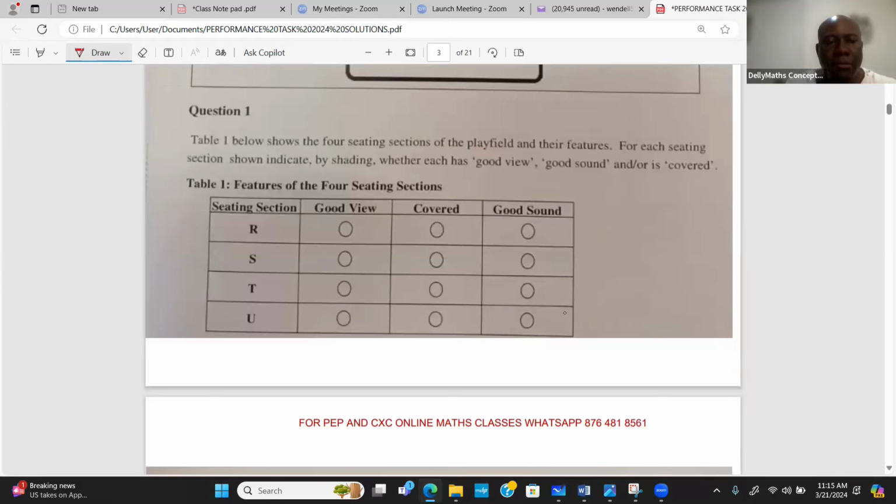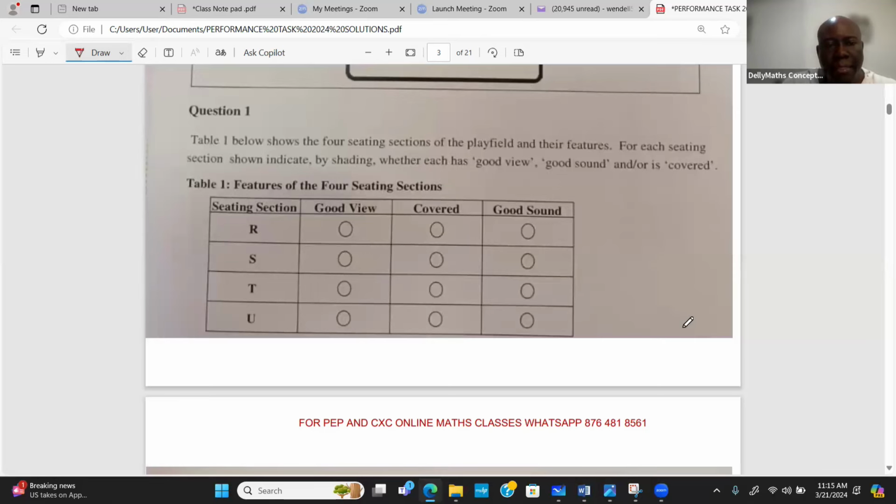Question 1. Table 1 below shows the 4 seating sections on the playfield and their features. For each seating section shown, I want you to indicate by shading whether each has a good view, good sound, and/or is covered.